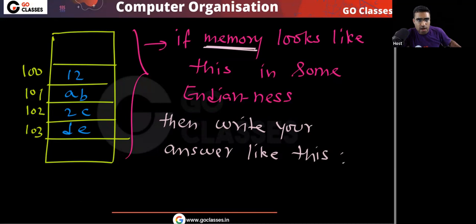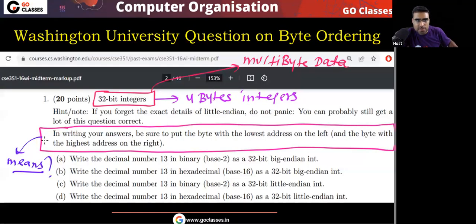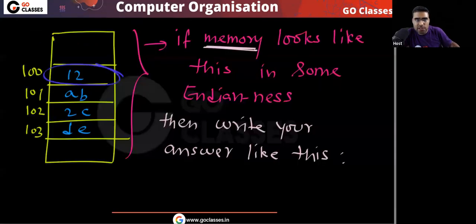So you can see how to write the answer. This statement is already telling you: when you are writing your answer, make sure that you put the byte with the lowest address on the left. This is the byte with the lowest address, yes or no? So you put this on the left, and then AB, then 2C, and then DE.